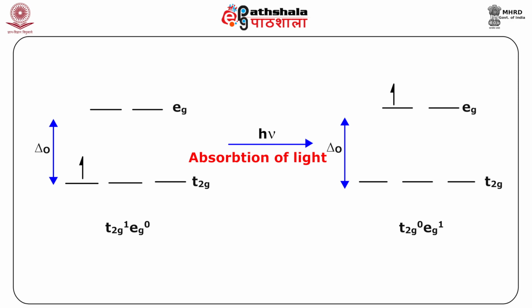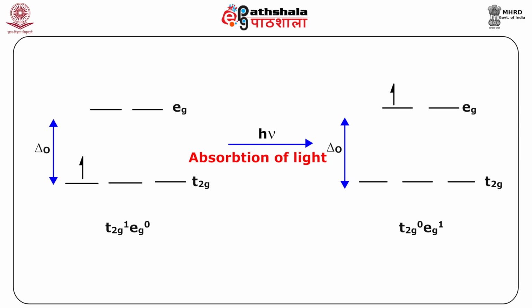If we consider d1 configuration as in the case of titanium 3 plus complex, it can be seen that the crystal field splitting will lead to lifting of the degeneracy of the 5d orbitals, and thus the lower t2g level will now be occupied. It can be represented as t2g1 eg0.